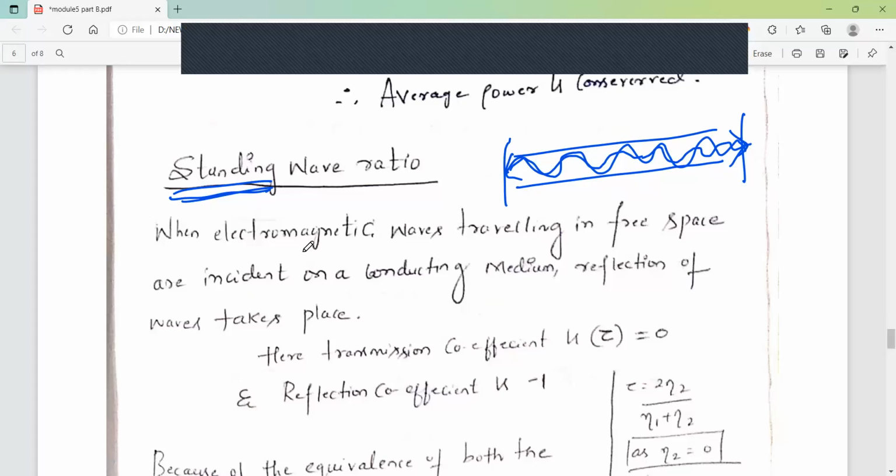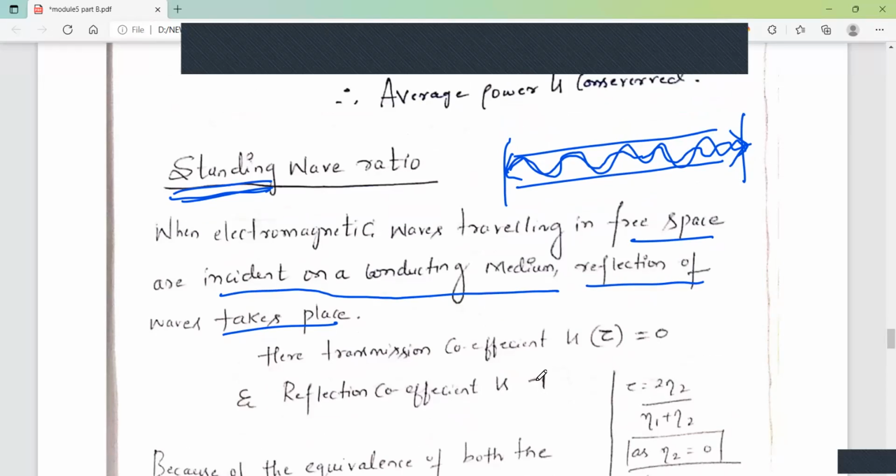So let us understand that. When an electromagnetic wave is traveling in free space and is incident on a conducting medium, reflection of the wave takes place. Now, in this case, you know that it is not transmitted at all, because it can penetrate only up to the superficial surface or skin of the metal.